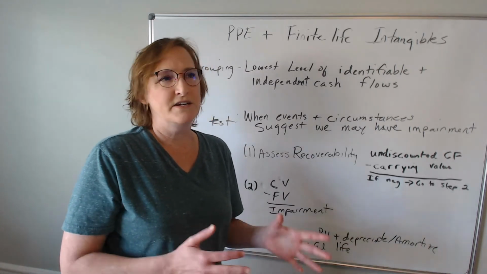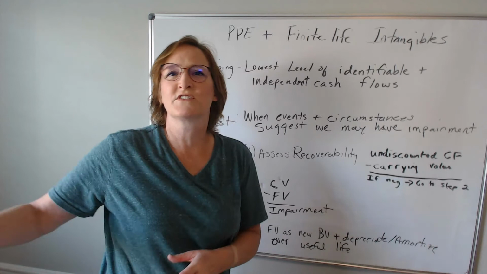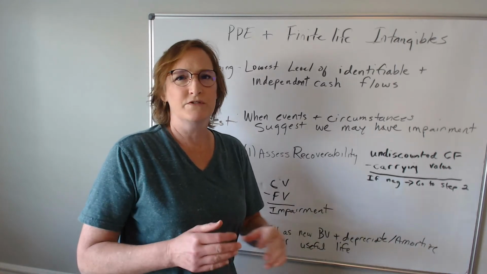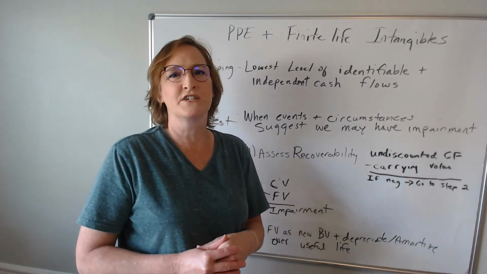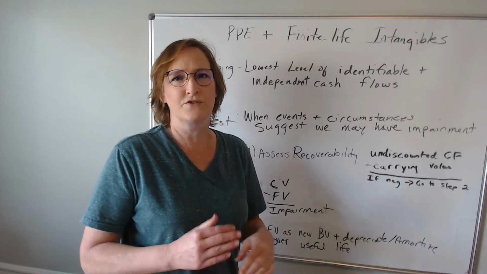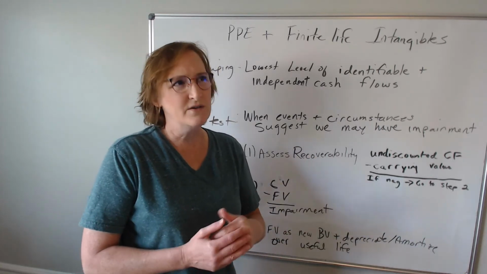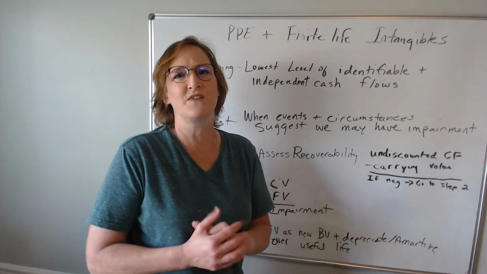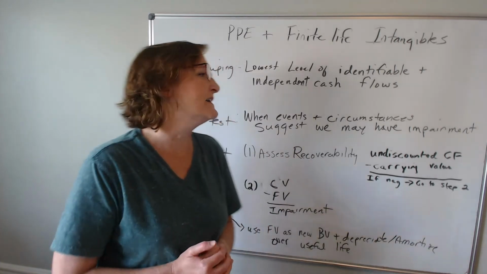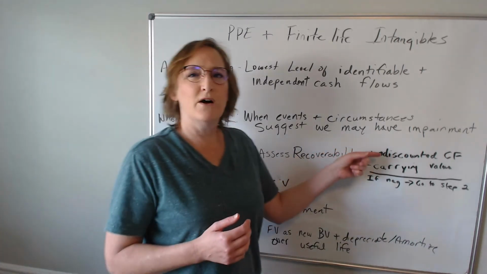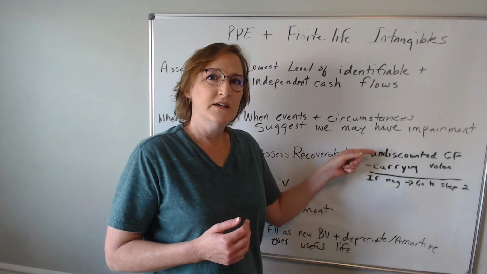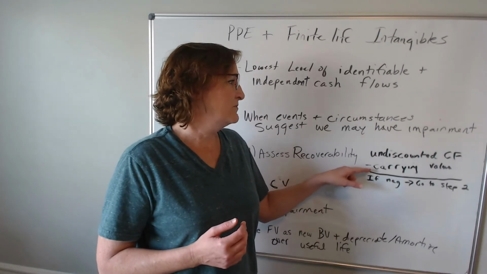At some point it gets more and more subjective, but hopefully with some forecasting, you are able to get some undiscounted cash flows. So you plan ahead and you can say, okay, this is what we think we're going to get over the next 5 to 10 years. All right. So we add all those up together, and then we subtract out the carrying value.